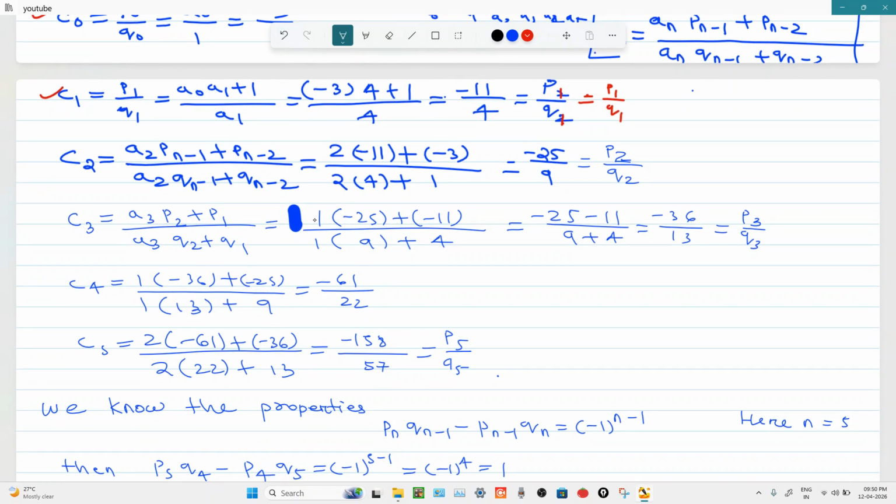My C3 equals 1, the A3 value is 1, so multiply minus 25 into 1 plus the previous term minus 11 by 4, and C4 comes out as minus 65, and the final value comes out as minus 158 by 57. We get the given value.